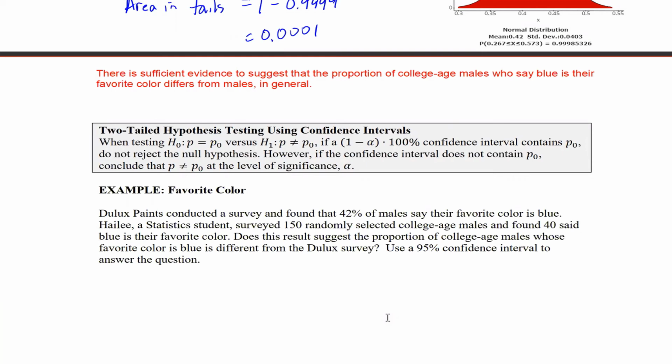If the interval contains the proportion stated in the null hypothesis, you do not reject the null hypothesis. However, if the interval does not contain the proportion stated in the null hypothesis, then you will reject the statement in the null hypothesis at the level of significance alpha.